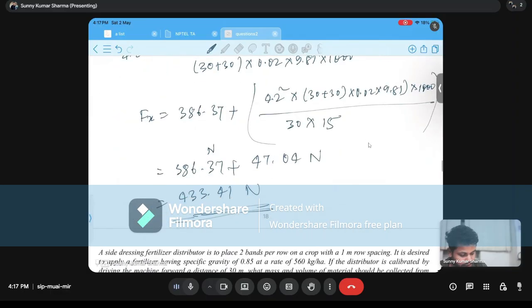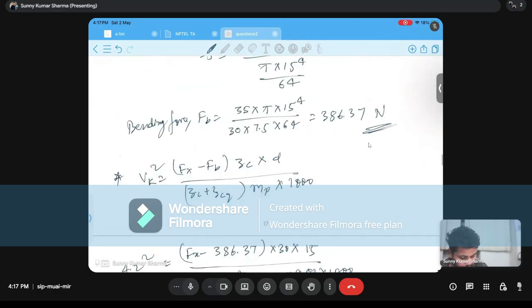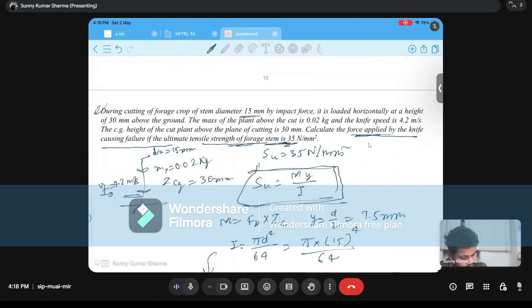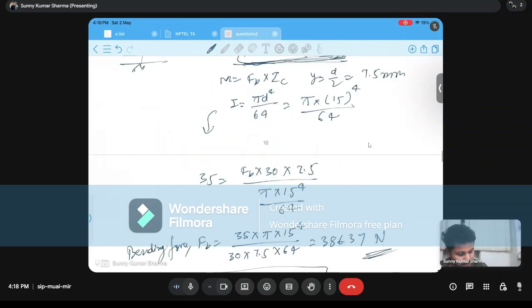If you need to remember two equations for this problem, that is this velocity formula and this ultimate strength formula. If you remember these two formulas, you can solve this question easily.